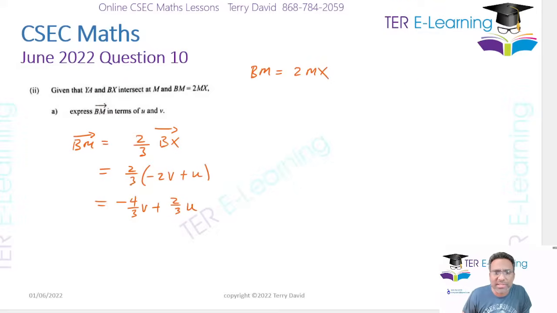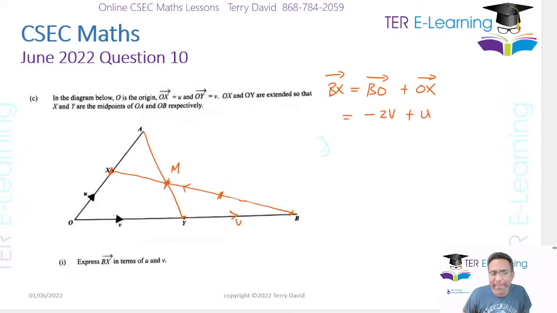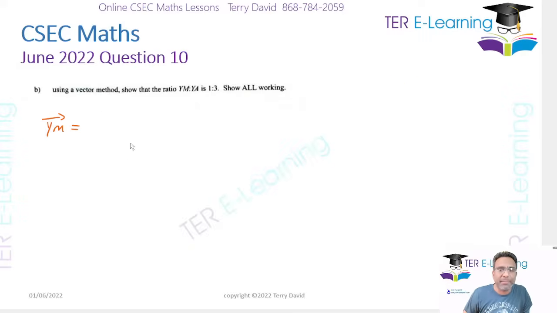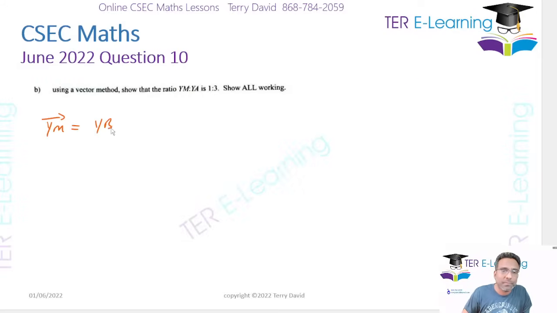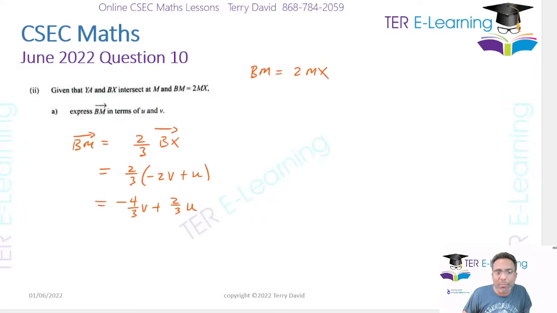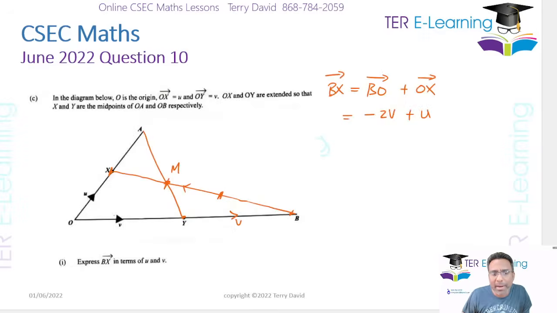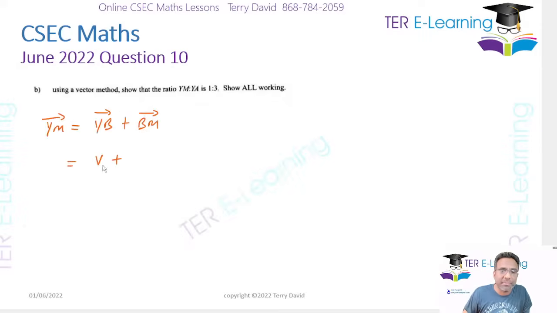Let's see what vectors I have. I have BM. So YM, according to the diagram, is going to be YB plus BM. According to the diagram, what is YB? YB is actually V. So this is going to be V plus BM.